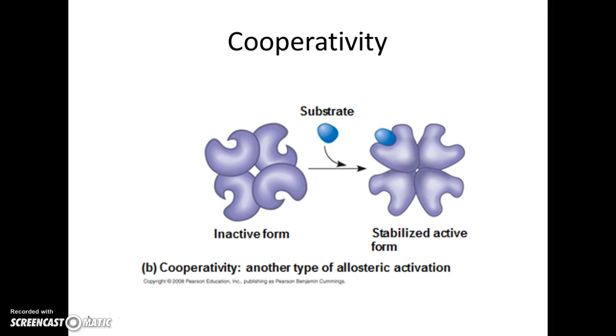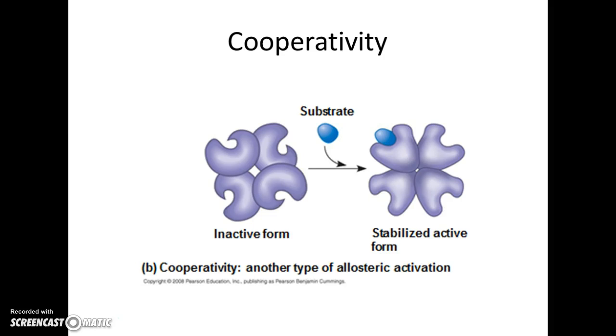Now, this is actually the bottom part of the last slide, cooperativity. Enzymes are in their inactive form, and sometimes it just takes one substrate to kind of get the ball rolling. So we have these closed or muted active sites, but if a substrate can bond into one of them, it makes the other ones a little bit more ready to do their job as well, kind of a snowball effect.